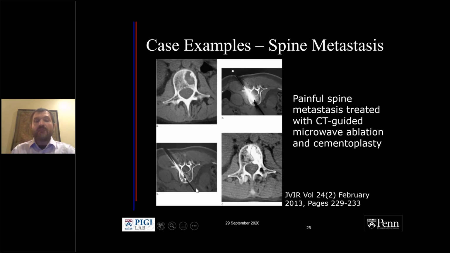And then through that, put another needle that contains a cryoablation needle, or it contains a radiofrequency ablation or microwave. And what you do is you treat the tumor with that to kill it. And then you withdraw that and you inject through your trocar this cement, and that stabilizes it. And so there's an example there of a painful spine metastasis that has been ablated using a microwave and then cemented in place.